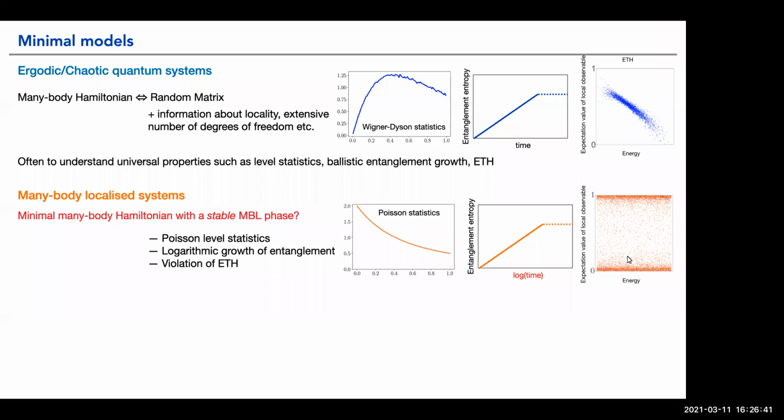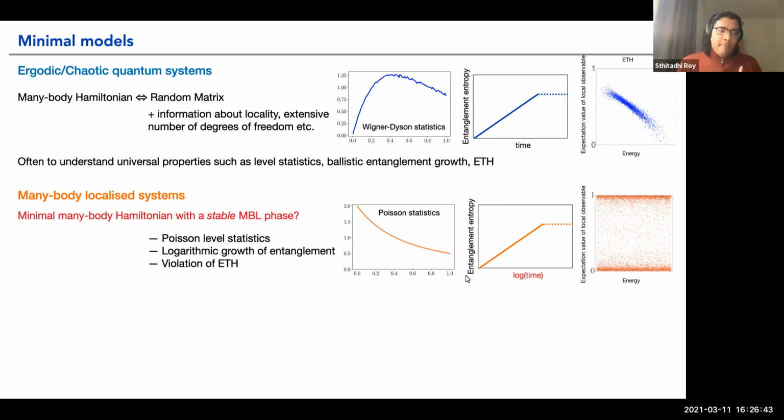And the point is, what is a minimal many-body Hamiltonian with a stable MBL phase? Now, on the face of it, this is a very difficult question, because we also don't know what the minimal ingredients are that you need to have a stable MBL phase. So although this is the question we want to answer, we understand that it is very difficult.